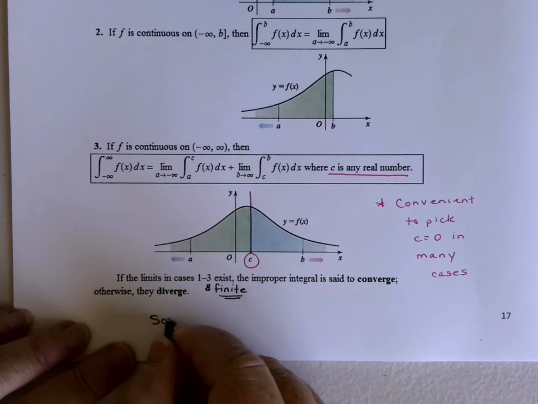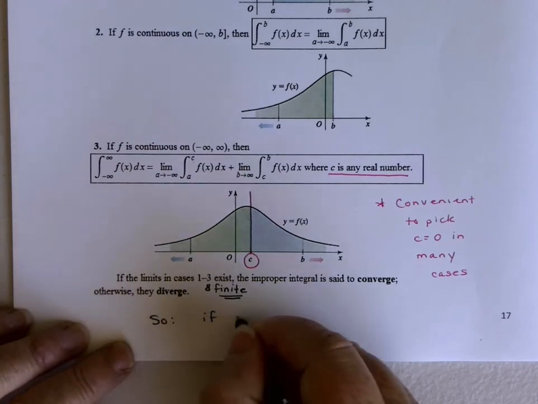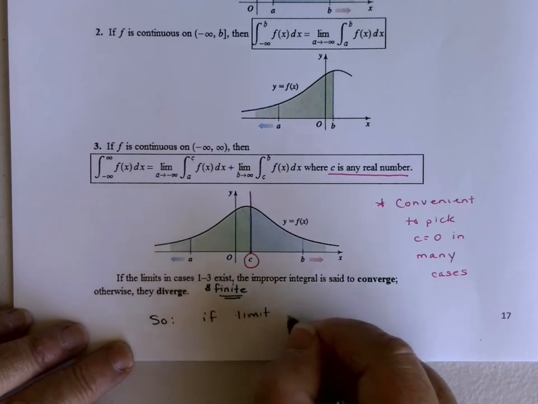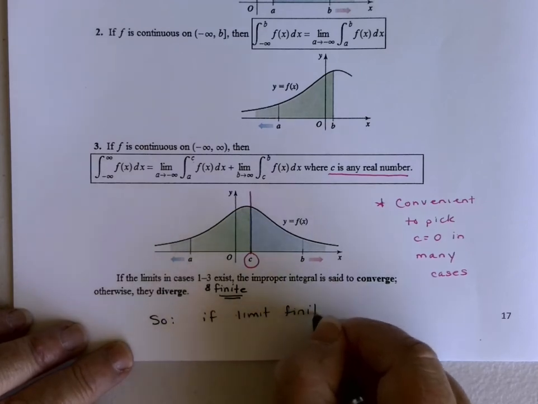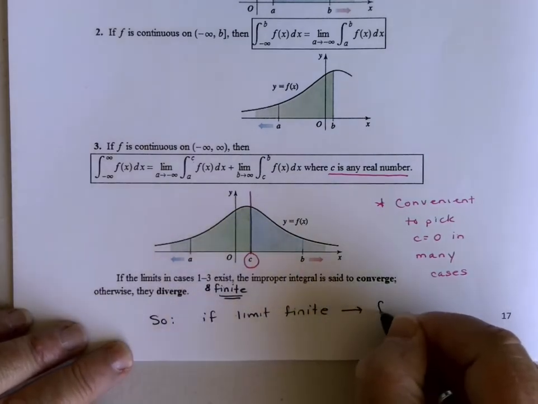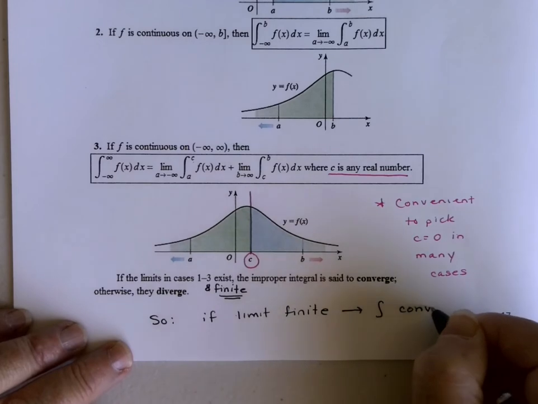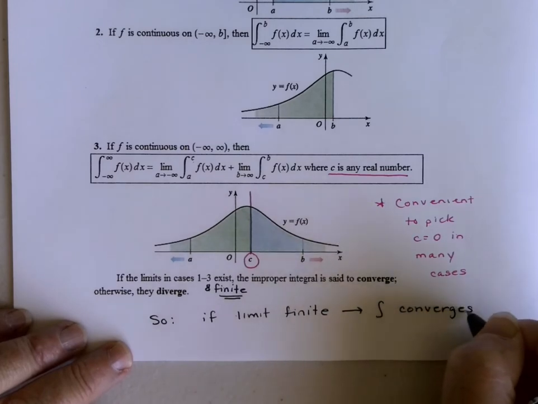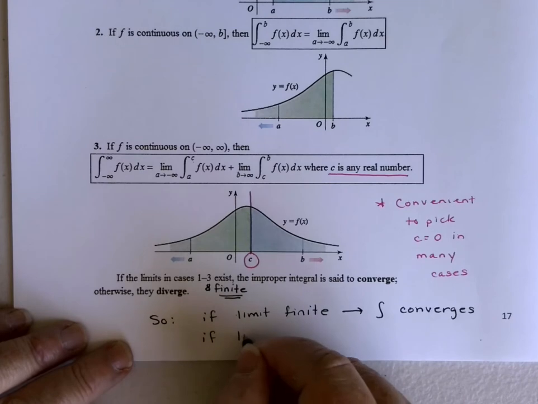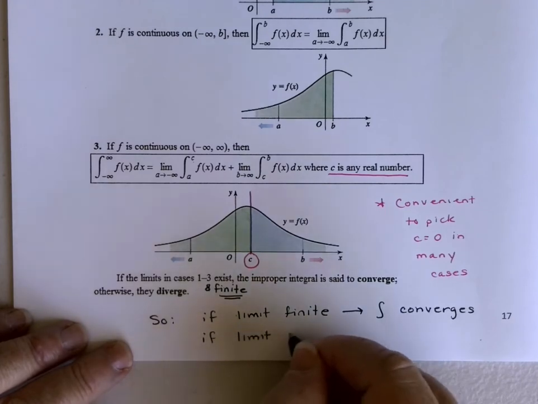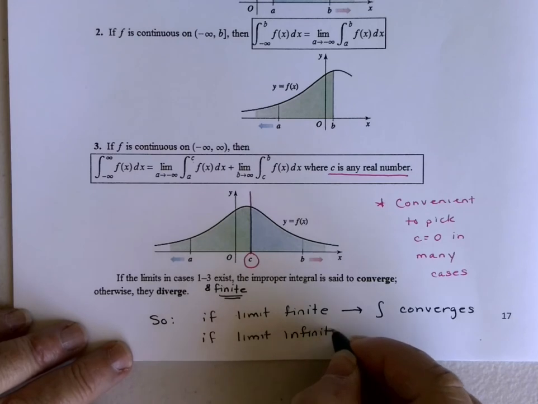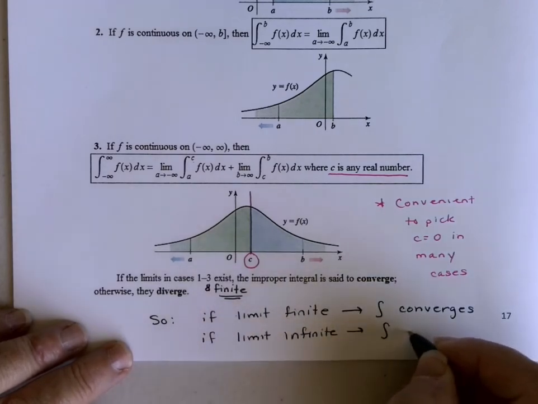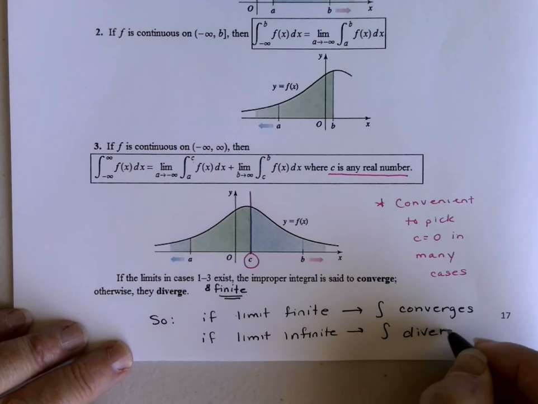So in summary, if the limit is finite, the integral converges. And if the limit is infinite, positive or negative, then we say the integral diverges.